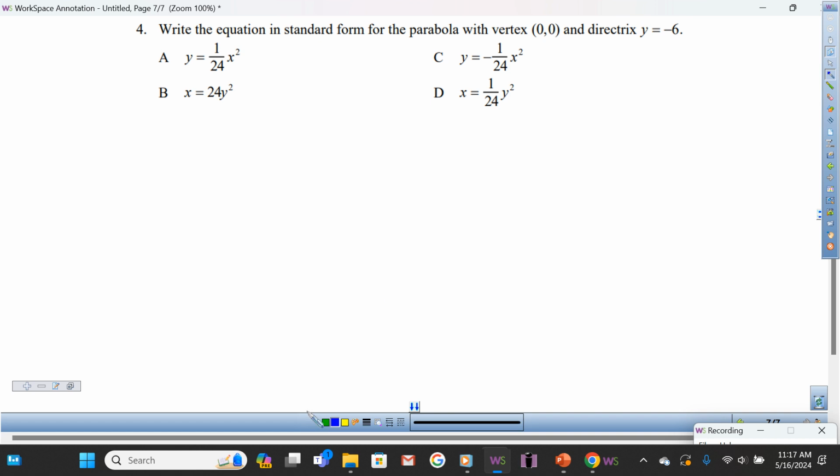Here it goes. Hold on. First, let's go to the directrix. Y equals -6, so it's going to look like this. Is that correct? Are we there so far? All right, so watch. Here's the directrix at -6. Let me sketch this like so.